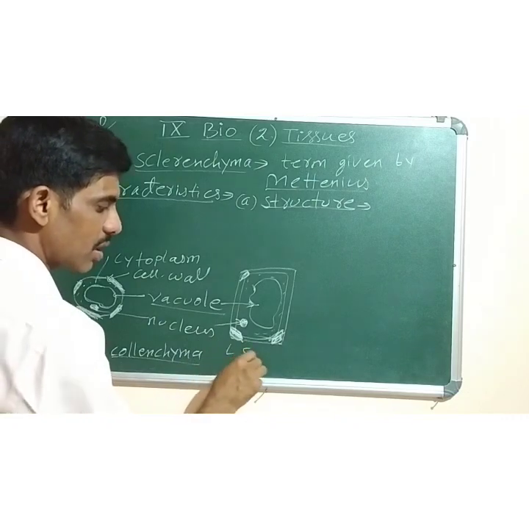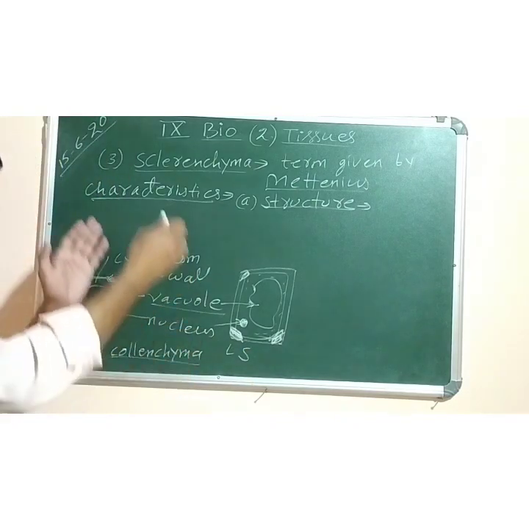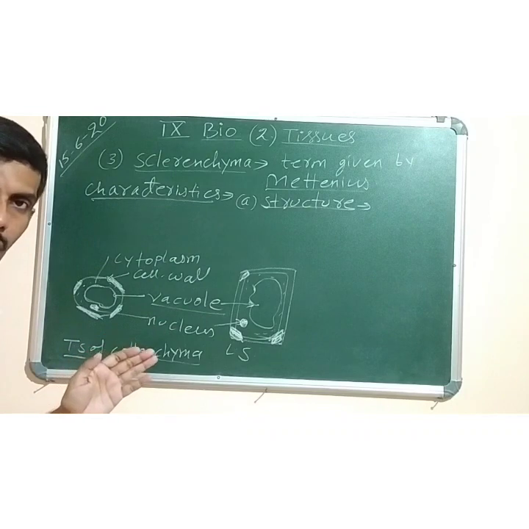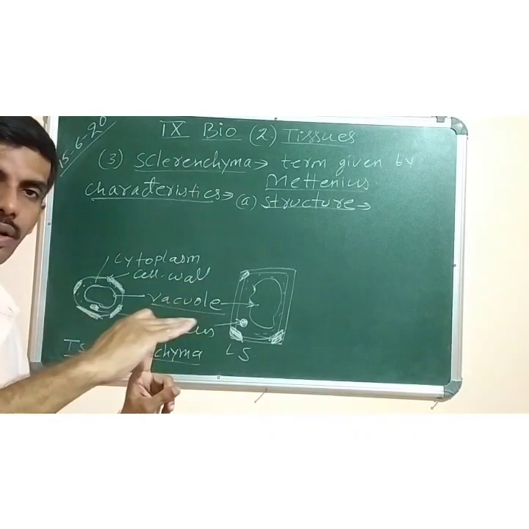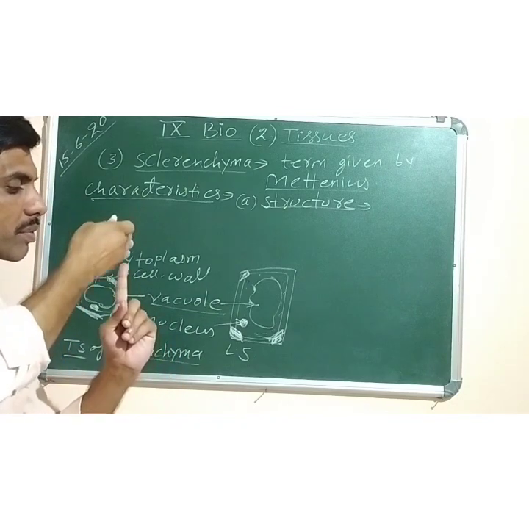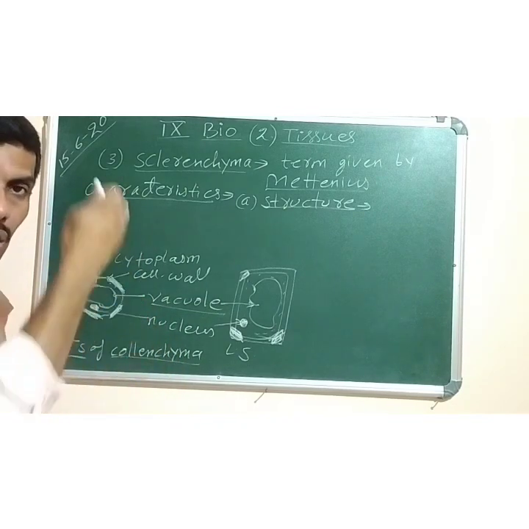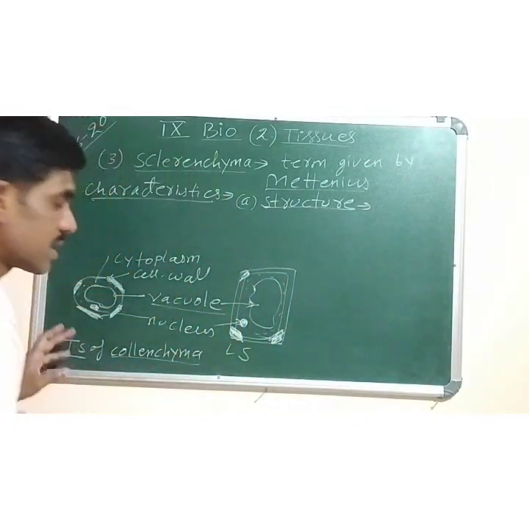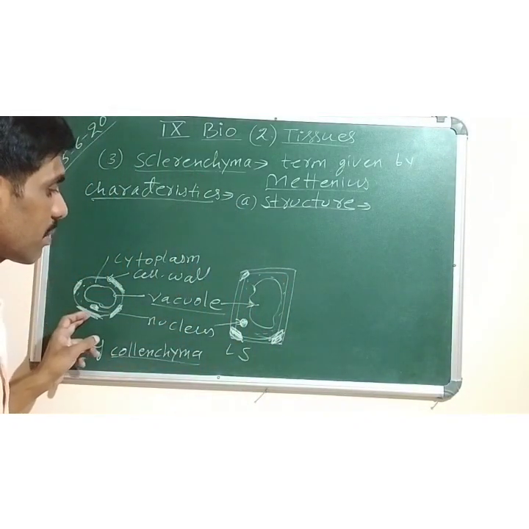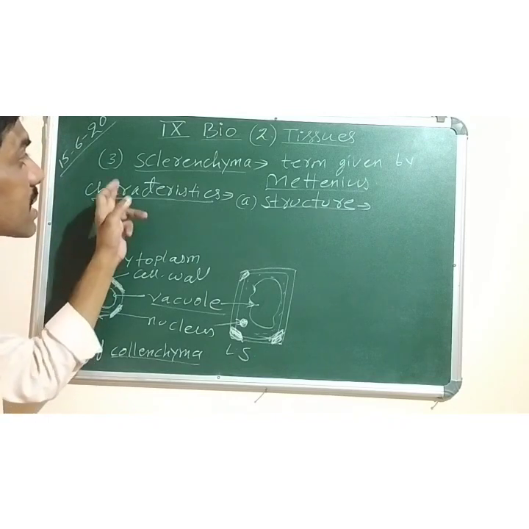This is called LS, longitudinal section. Longitudinal means cut from up to down, and transverse means cut like chopping. That's why both diagrams appear somewhat different. Have a look at the diagram, then I will rub it, and we will continue with sclerenchyma tissue.